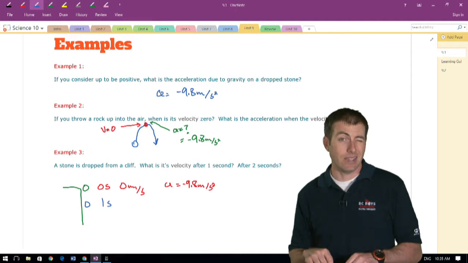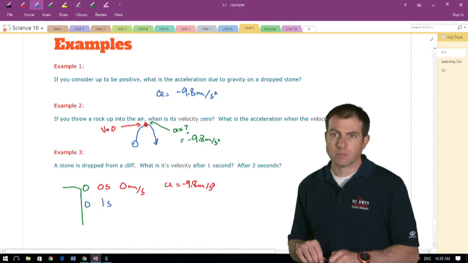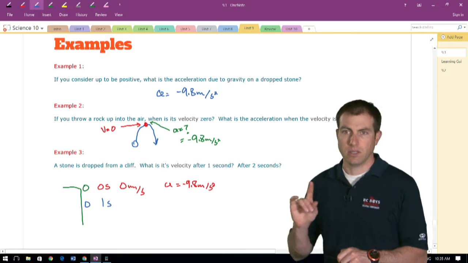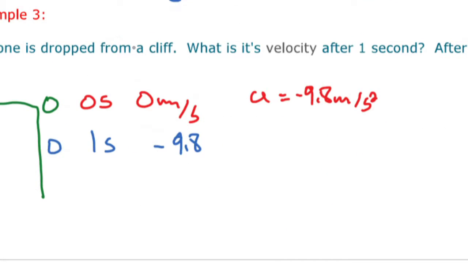If every second it changes its velocity by 9.8, 1 second later, the object should be going negative 9.8 meters per second. And its acceleration will be negative 9.8 meters per second squared. All right, let's go a little bit further here.